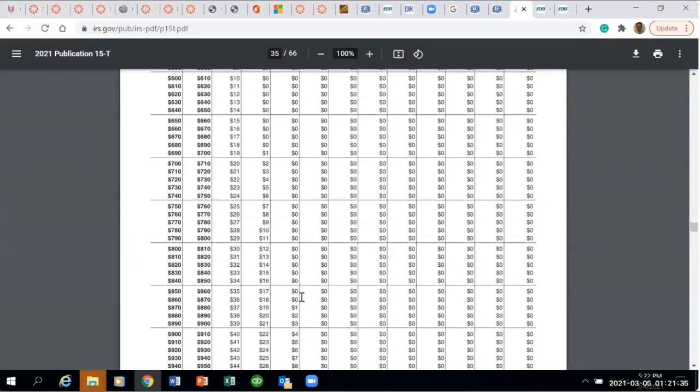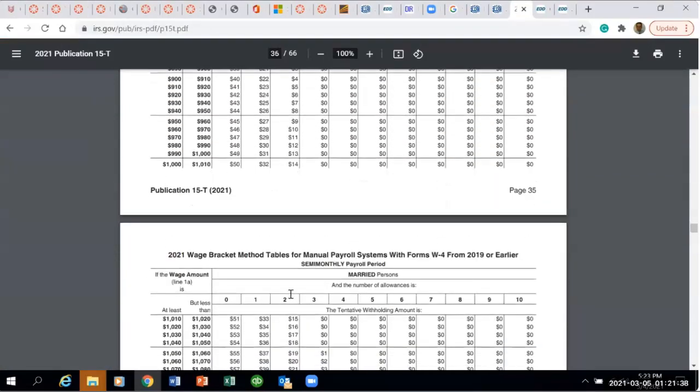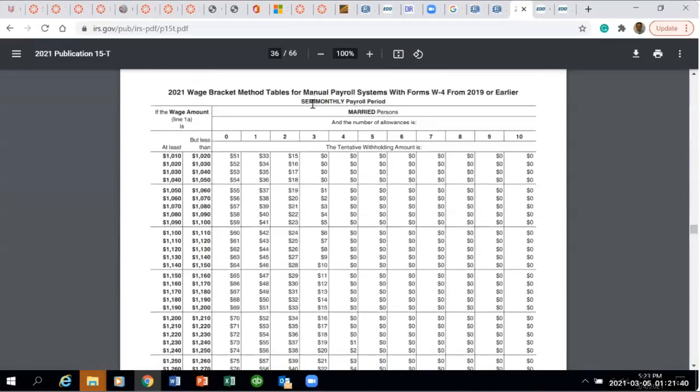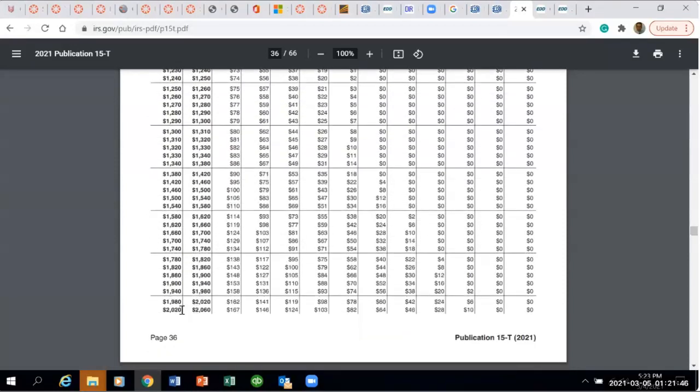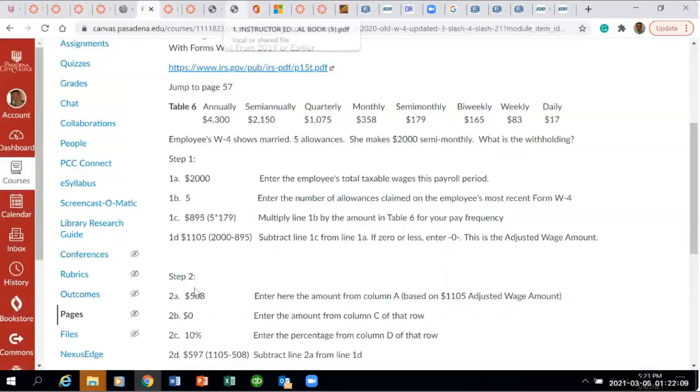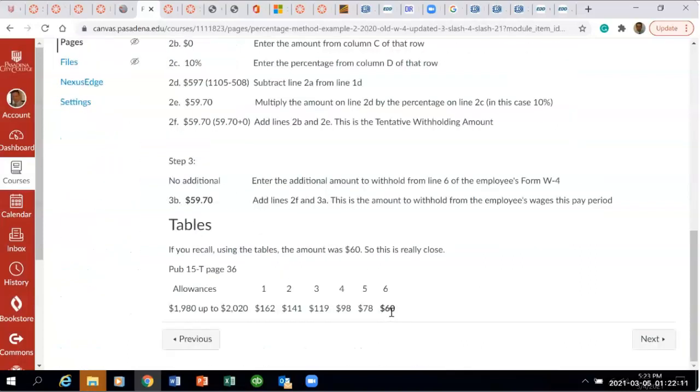Keep going down. Semi-monthly, yes. Always double check that. 2,000 here, that line: 0 allowance, 1 allowance, 2, 3, 4, 5 allowances. $60 right there.